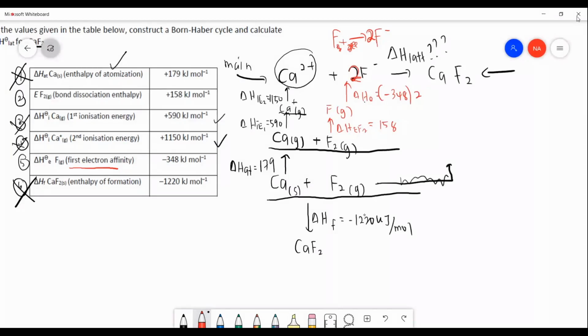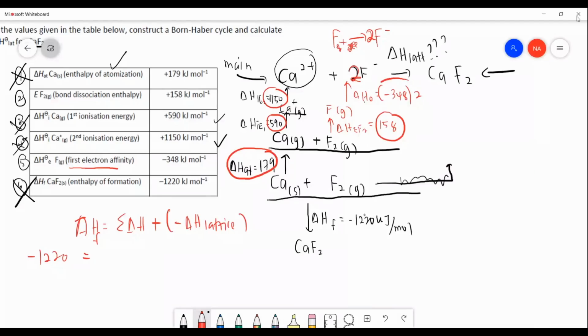Then we find the delta H. Delta H formation is equal to the summation of delta H plus negative delta H lattice. So delta H formation is equal to negative 1220. The summation of delta H is 179 plus 590 plus 1150 plus 158, and plus 2 times negative 348.